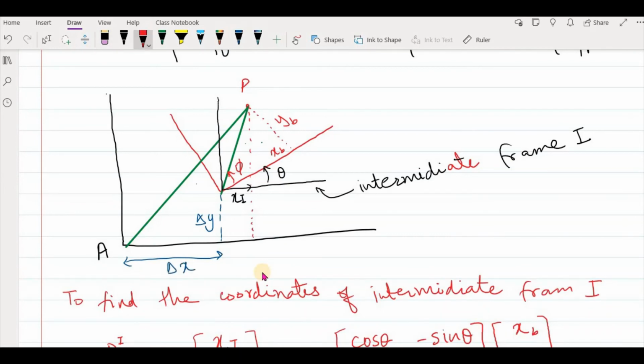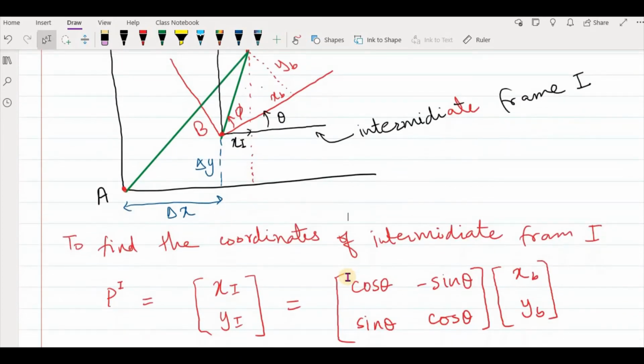So the origin of frame A is at this distance delta x and delta y from the origin of frame B, and also frame I. It means that both frame B and frame I are translated with respect to frame A.